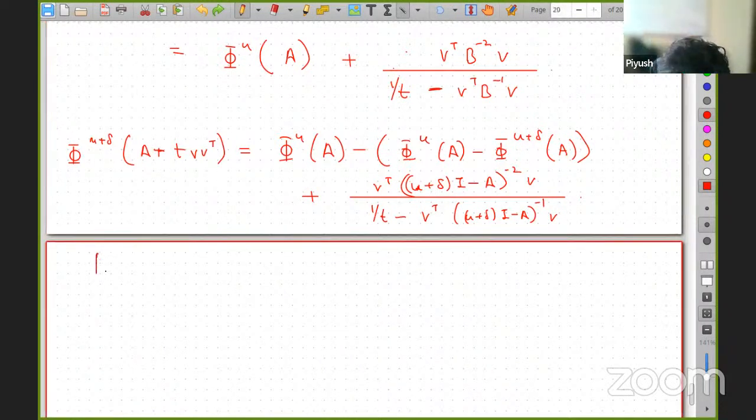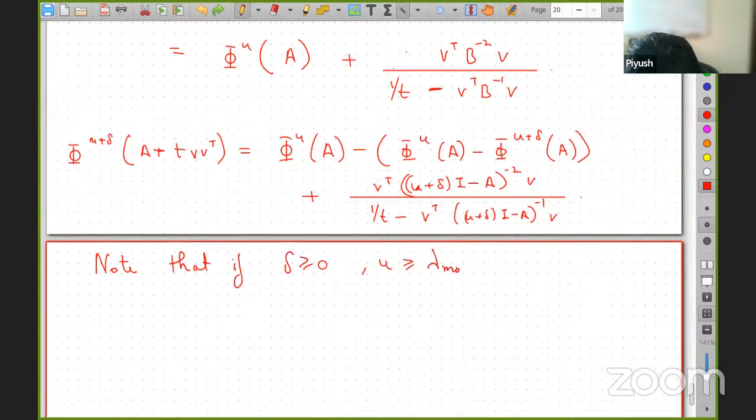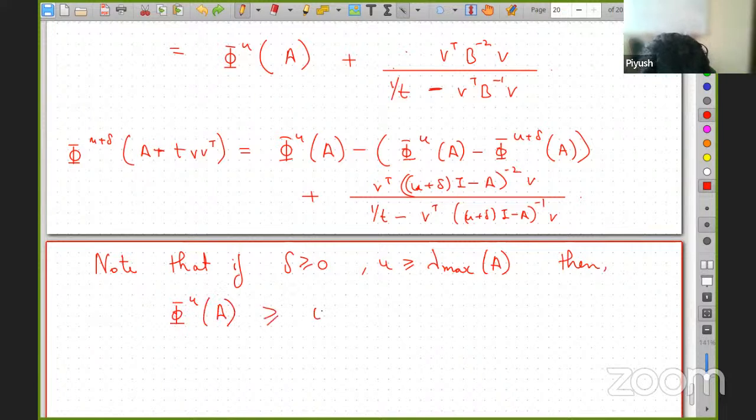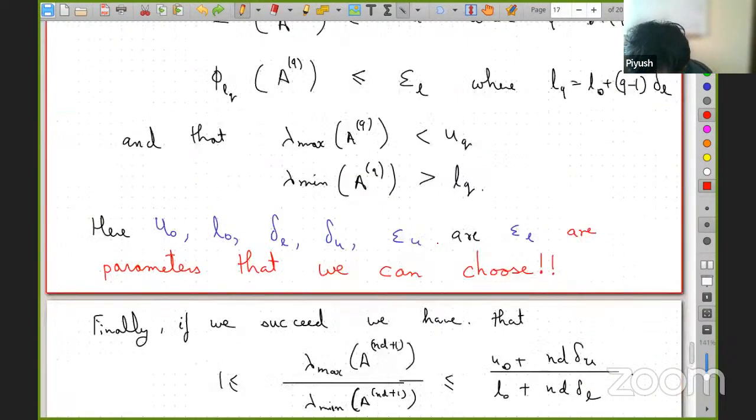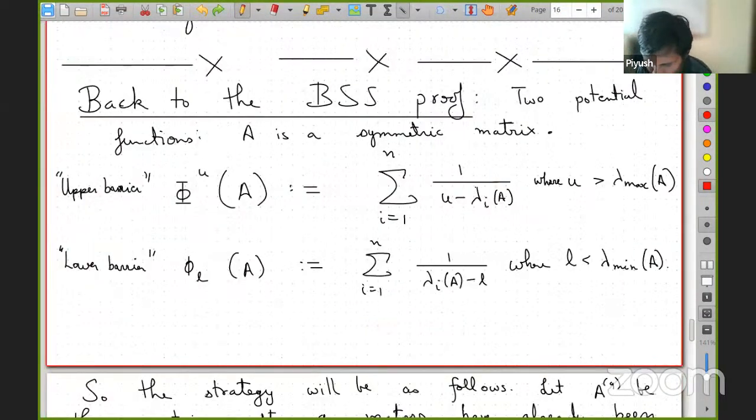So note that if delta is bigger than 0 and u is bigger than lambda max of A, then phi u of A is bigger than phi u plus delta of A. That is clear, remember the form of this: if I increase u, this value only decreases.